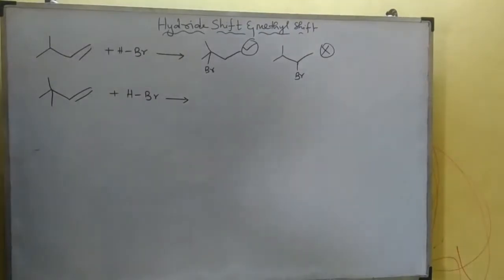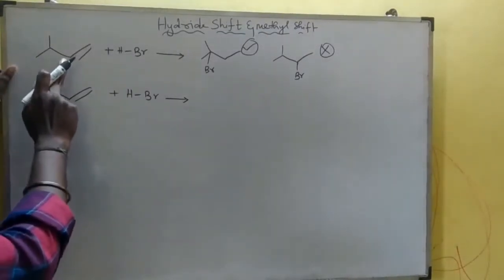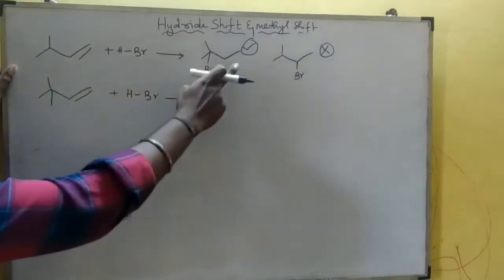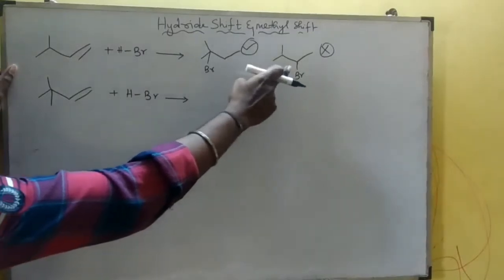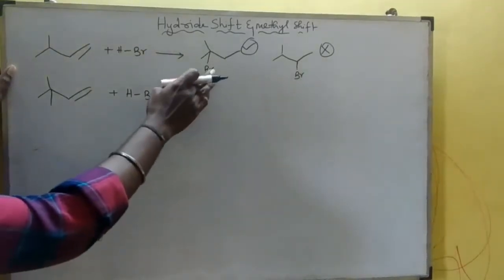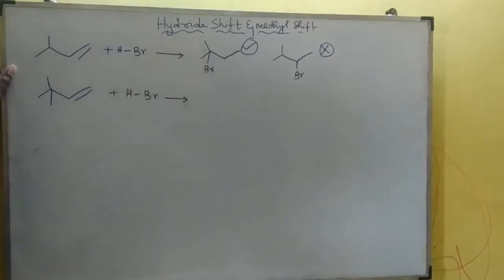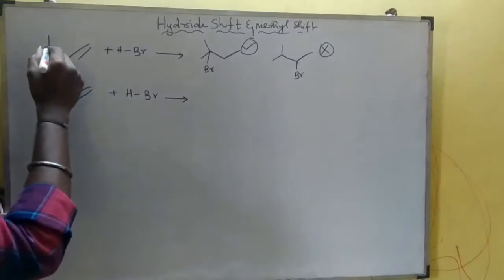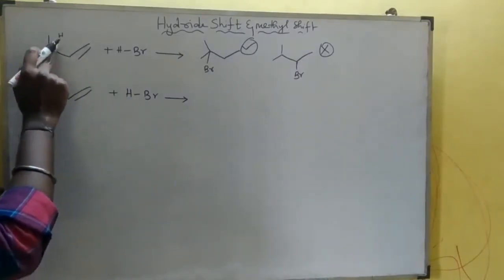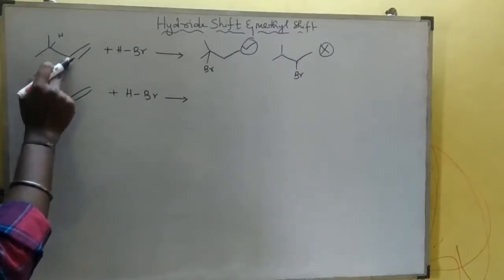So, in the previous example, we had a substrate and the reagent, alkene plus HBr. We got this product, and not this product. This is the wrong product. This product is a result of a hydride shift. How did it happen? This hydrogen, and here a carbocation. This hydride shifts over here.